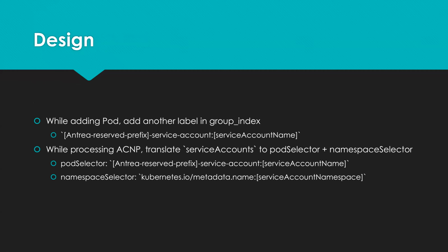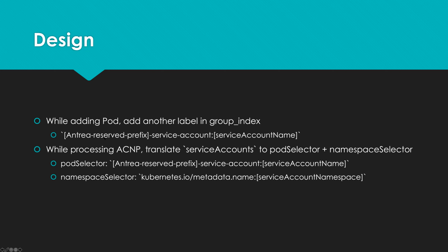So about the implementation design of the service account selector, there are two key steps. The first one is, while we are adding a pod, we not only add the existing labels of this pod to our group index, but also we add another label to the group index, which is as shown here.